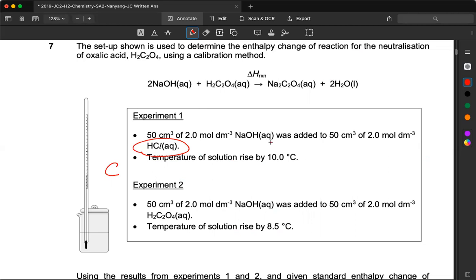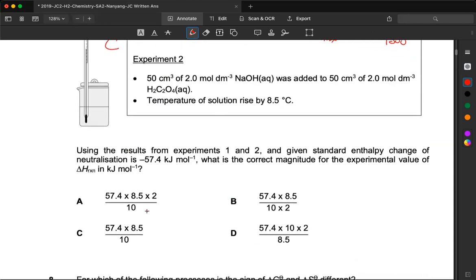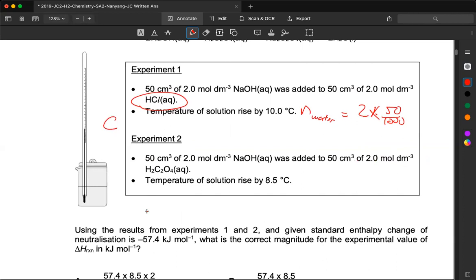So you just take any one of them. The number of moles of water for the first experiment will be 2 times 50 over 1000. Convert the 50 cm3 to dm3. So leave it like that because in the choices, they did not convert it to a final answer.